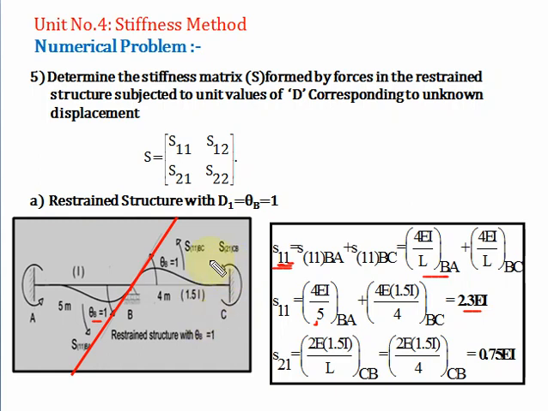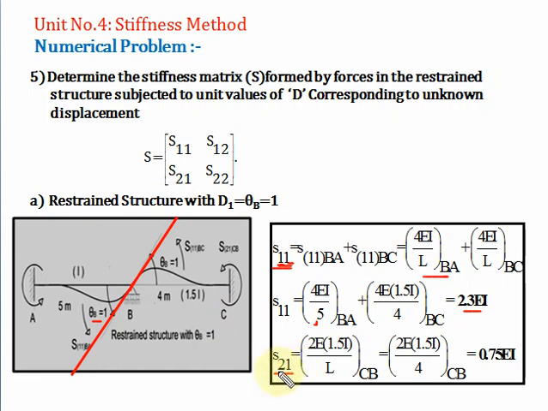When we rotate the support B, the moment induced at support B will be 4 EI upon L, and half of that will be produced at support C. Half of that is nothing but 2 EI upon L.